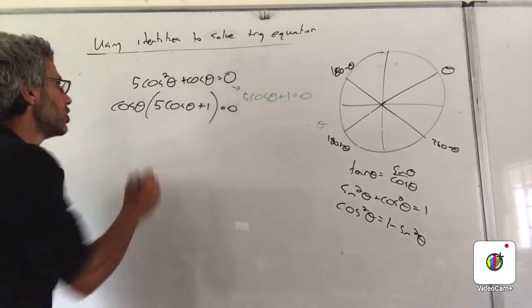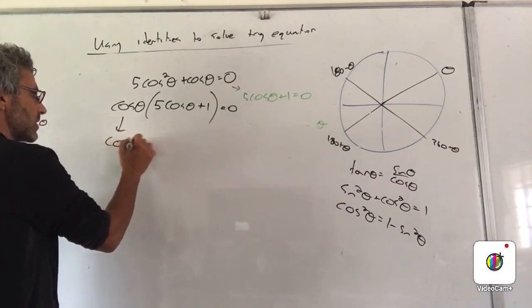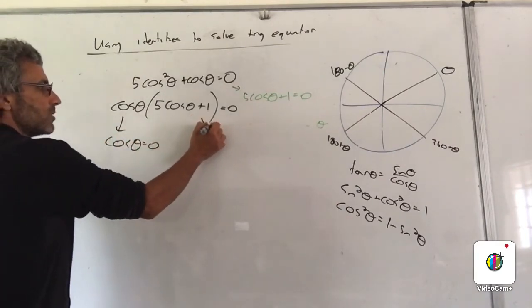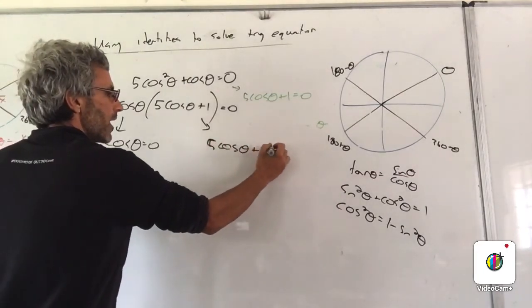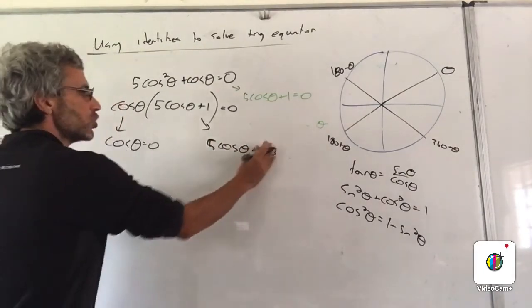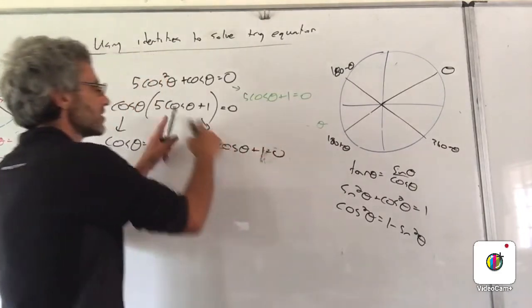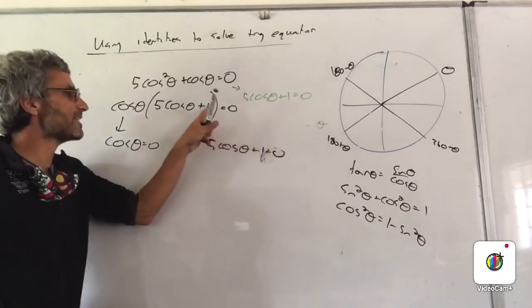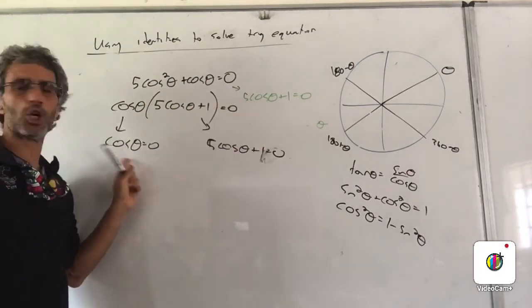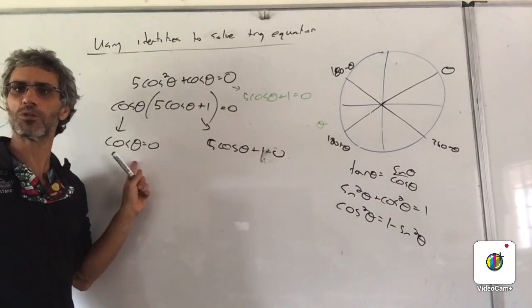One option, cos theta equals 0, and the other option, 5 cos theta plus 1 equals 0. And it's solved. Either this one is 0, which Simon already predicted, but by dividing by cosine theta, he lost this solution. You see, that's another option.